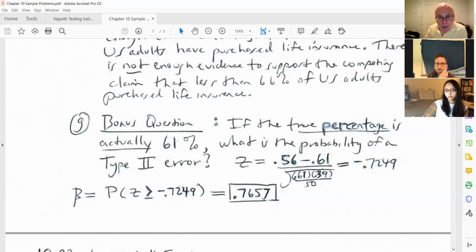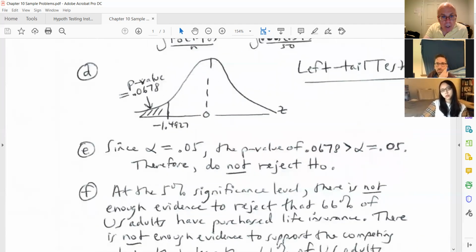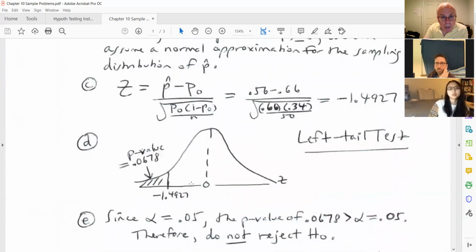However, it's asking for the probability of not rejecting the null hypothesis. So let's think about that for a minute. Let's go back to this was a left tail test, right? The probability of rejecting the original null was the left tail. The probability of not rejecting it would be the right tail, right?